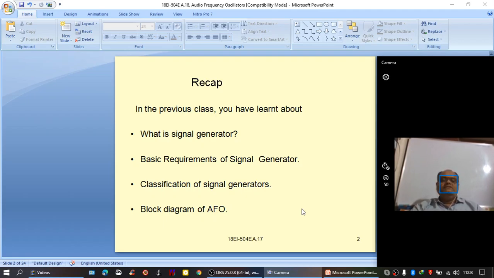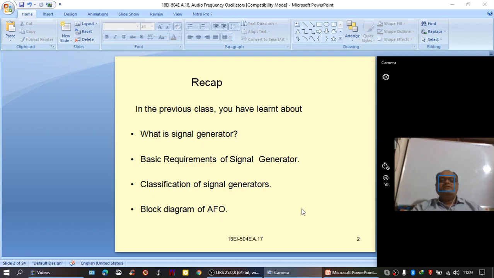The first one is the frequency of the signal produced by the signal generator should be known and it should be stable, and the amplitude of the signal produced by the signal generator should be stable and should be adjustable, and the most important one is the signal produced by the signal generator should be distortion free.